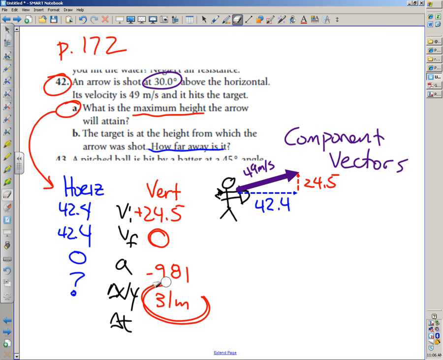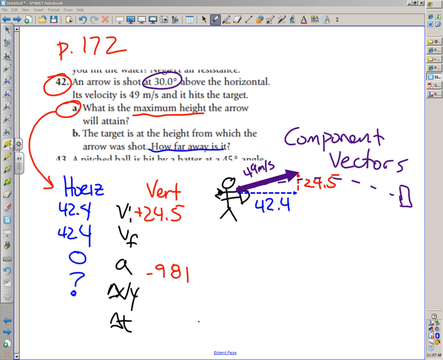But a couple of things change. First, obviously, if it hits where it went from, the vertical displacement isn't going to be 31 anymore. Also, the final vertical velocity isn't going to be 0. Now we're dealing with all the way over here where that object hit its target. But because it says that it was shot at the height, we can make two assumptions on the vertical side.